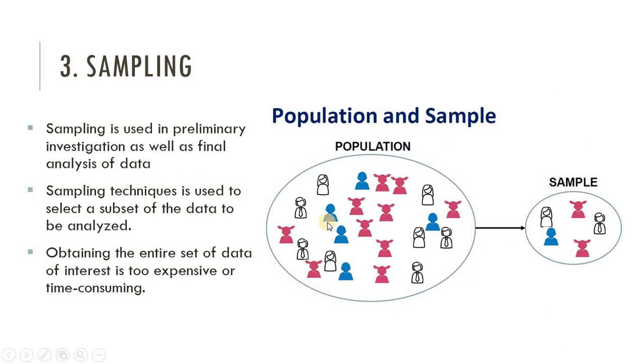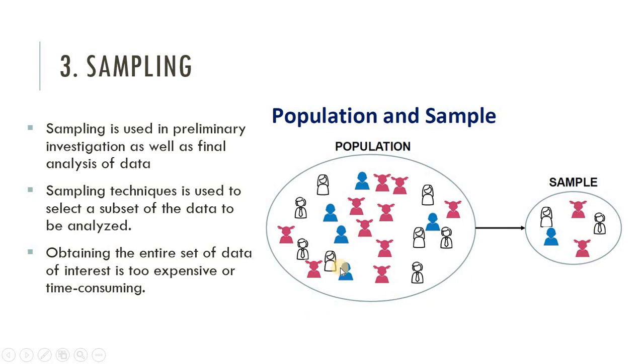Suppose there are multiple persons here, so we choose only one person from each type of population. These pink images are of the same type, so we choose only some samples from them, suppose two samples.